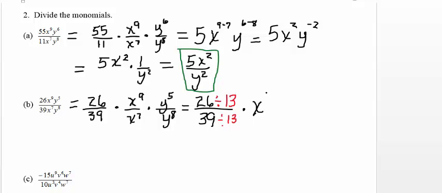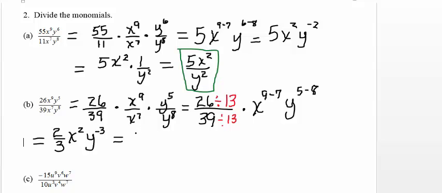And we're going to apply the quotient rule. So x is going to be raised to the 9 minus 7 power. Y is going to be raised to the 5 minus 8 power. So when we reduce 26 over 39, we actually get 2/3. X to the 9 minus 7 is x squared. Y to the 5 minus 8 is y to the negative 3.